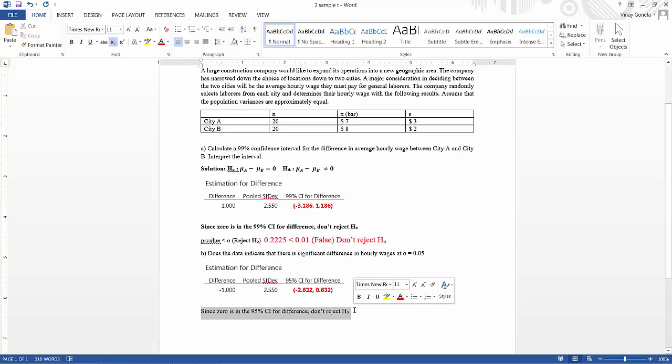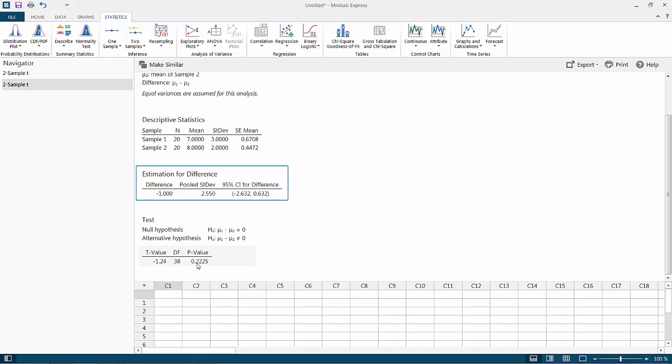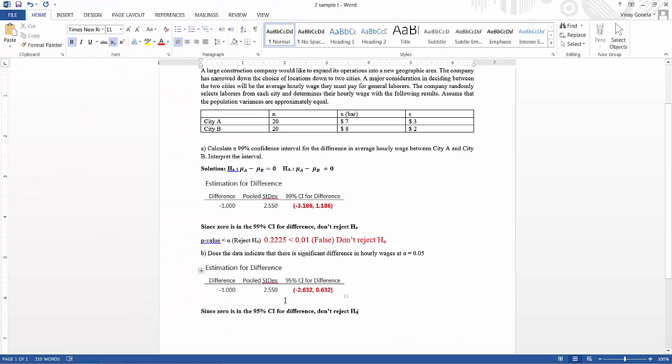So we can again look at the p-value. The p-value is again 0.2225. This is another way, right? P-value less than alpha. Is 0.2225 less than the significance level alpha, which is 0.05?